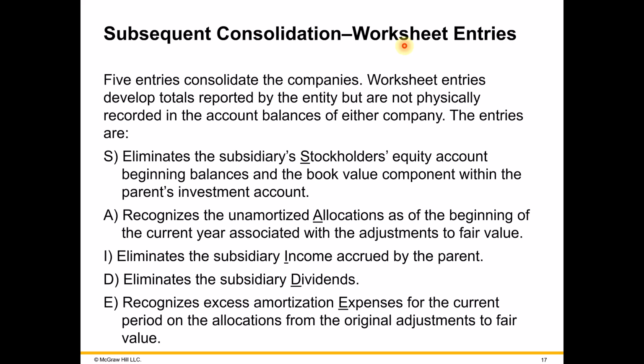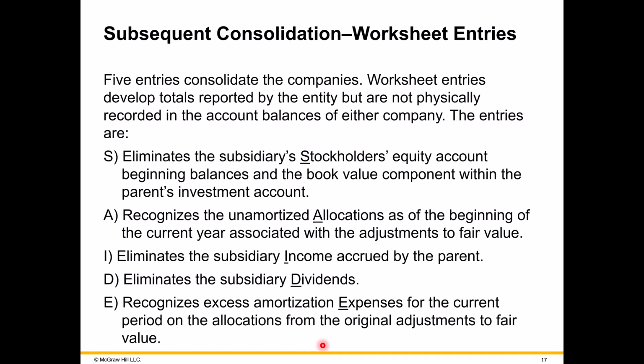And to hopefully try to keep things simple, I know there's a lot of detail here, so you've got to use your textbook as a reference. They group these adjustments into 1, 2, 3, 4, 5, and they label it with letters, kind of spelling out an acronym here, SAIDE. And we'll see maybe there's going to be a couple more entries with acronym letters in the next video.